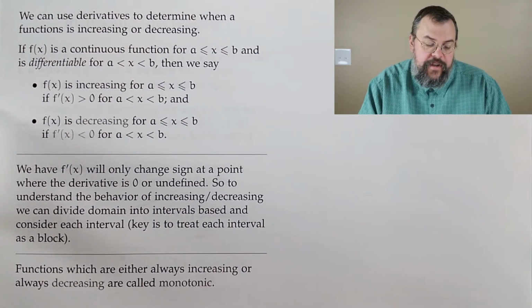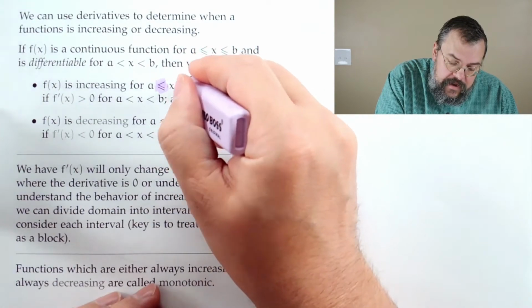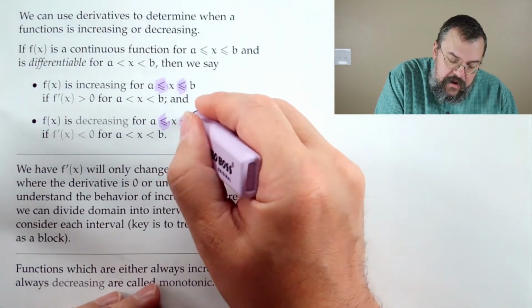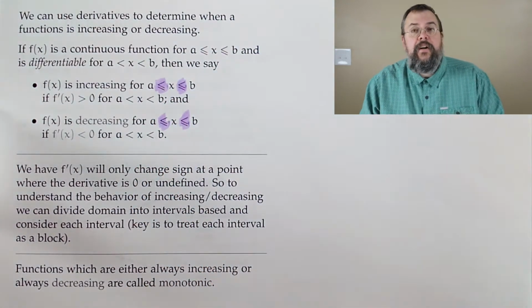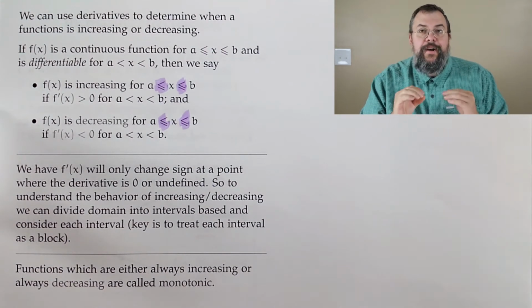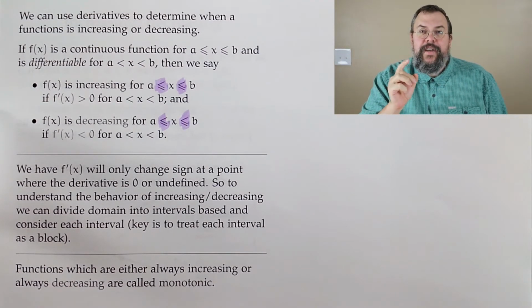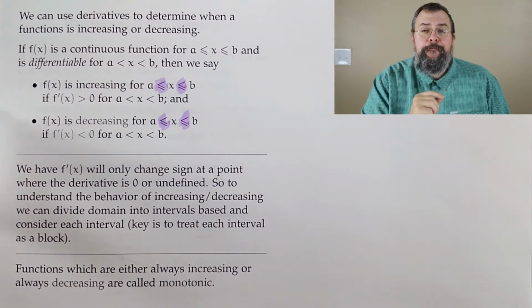Now you might notice there's a small subtle catch here, and of course, as with all small subtle catches, it stands out. Notice how we have these inequalities here. We're talking about a less than x less than b, the derivative being positive, but for increasing, we include the endpoints. You might want to say, wait, why?